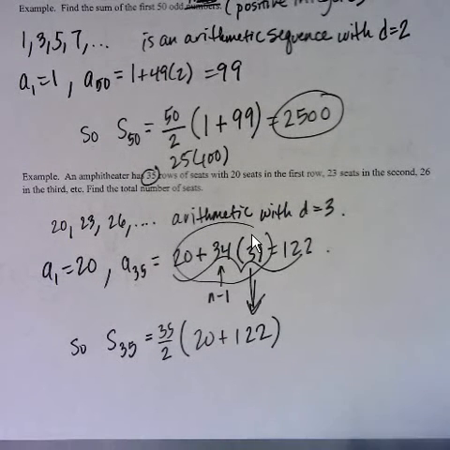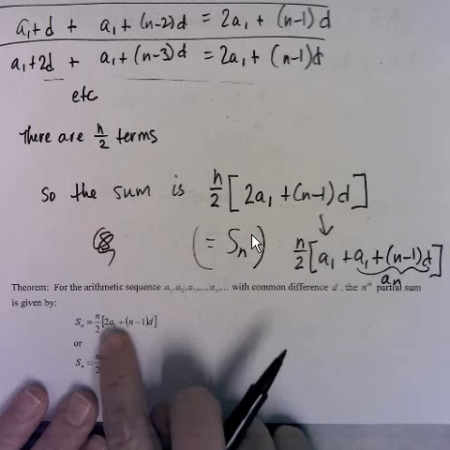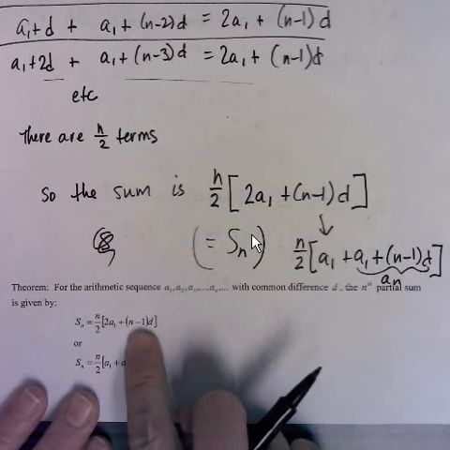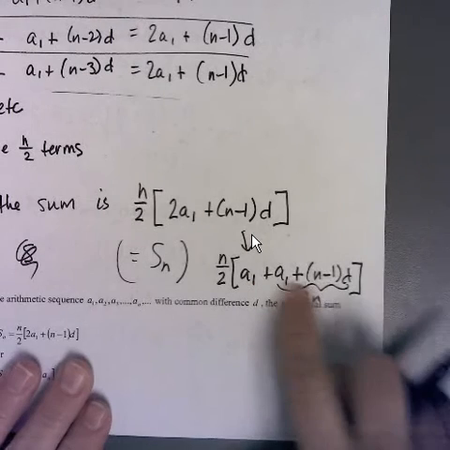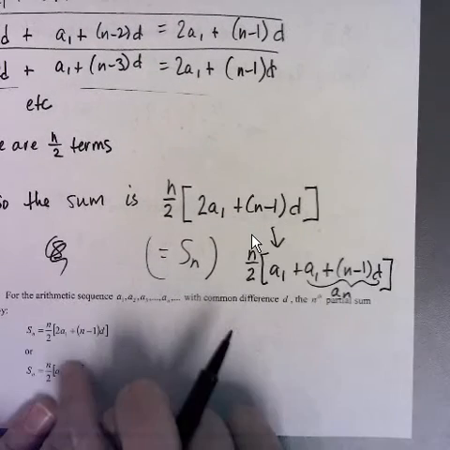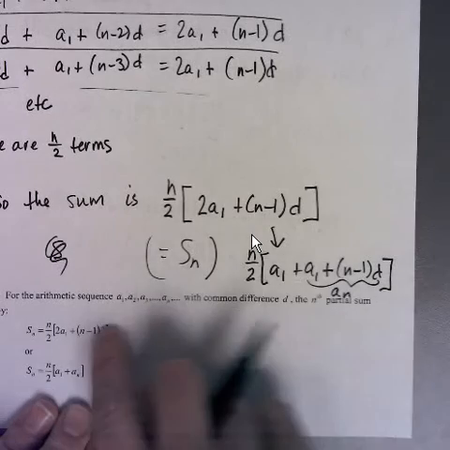Let's see, where did I put that? Oh, it's on the back of this sheet. No wonder I can't find it. Right here, that's what I'm talking about. The 2a sub 1 is just separating out. So I'm just doing this out here, adding a sub 1 and a sub n. But you can certainly use this formula if you want. That's just the way I like to do it.